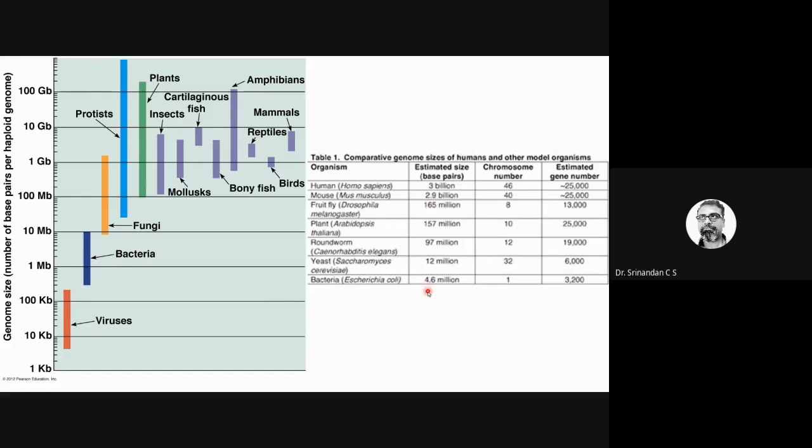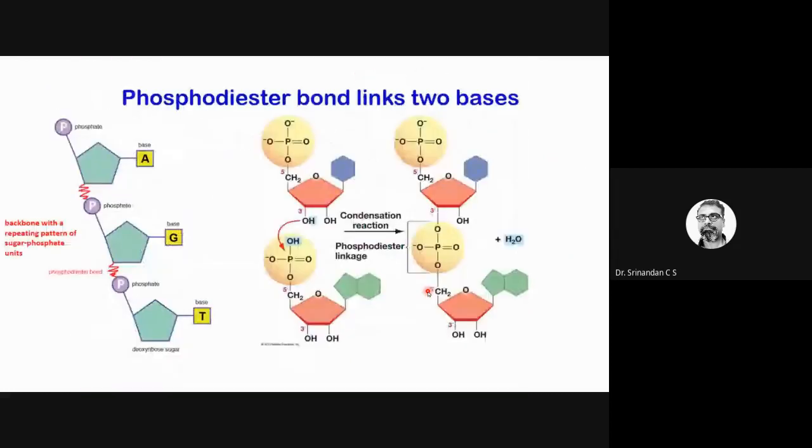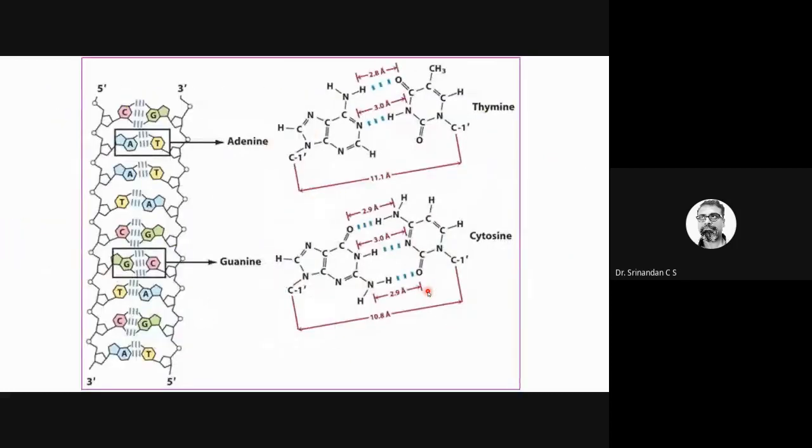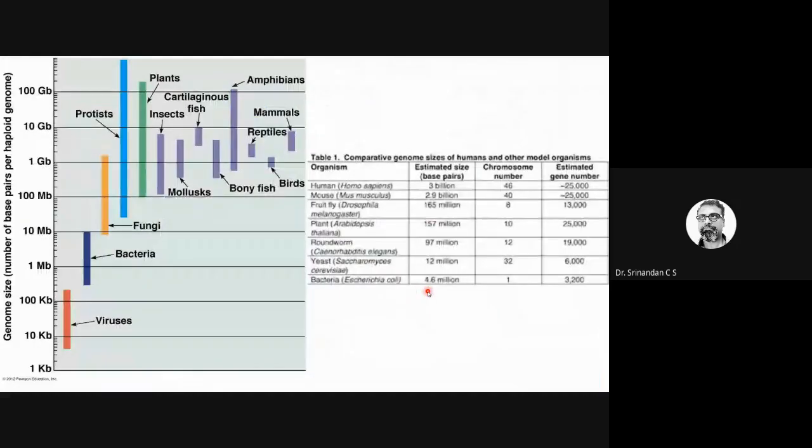So till here, whatever you saw, just a recap: the structures you had seen all become polymers, and how big the polymers will be is around GB, billions, told in base pairs.